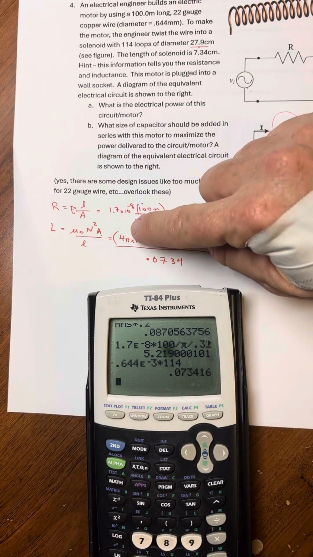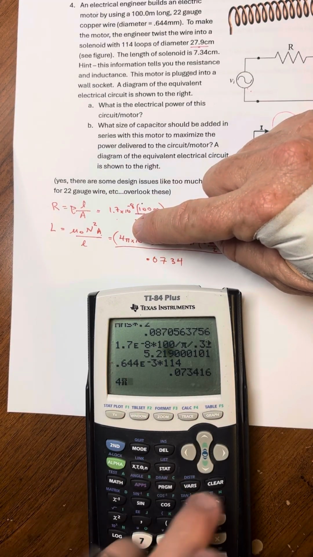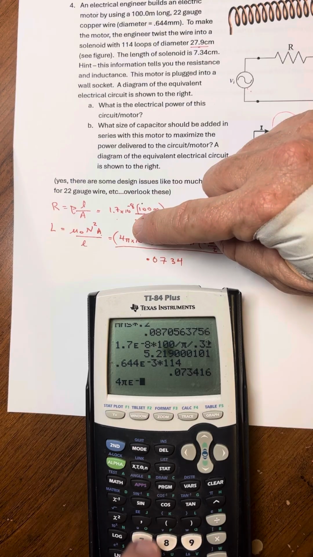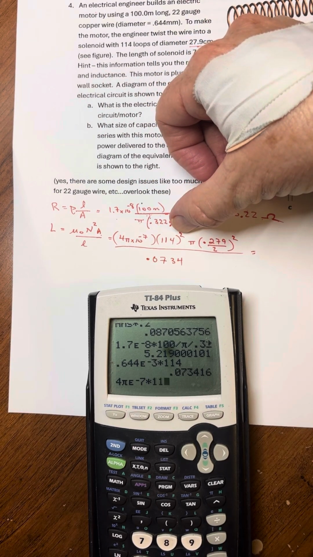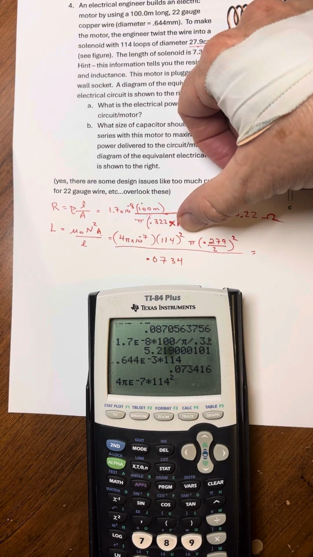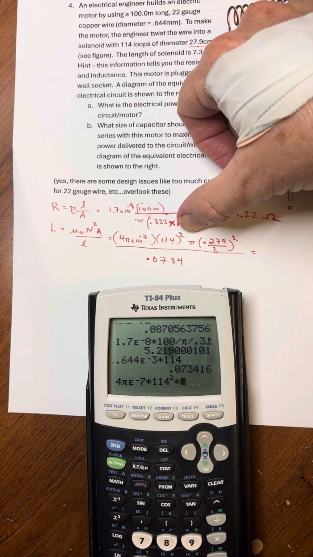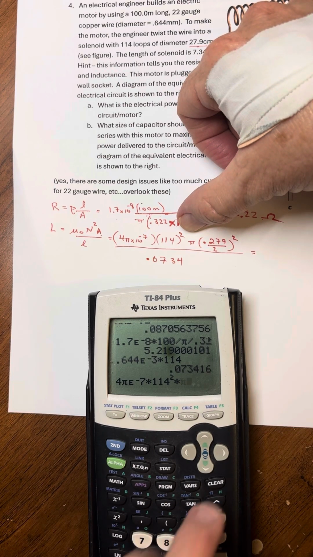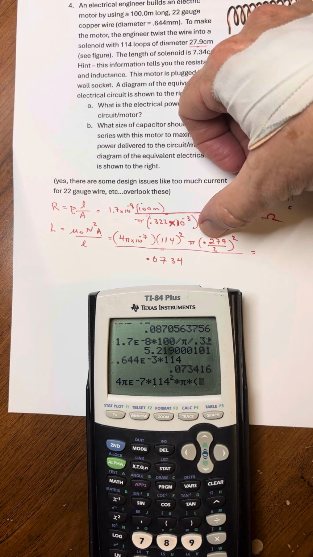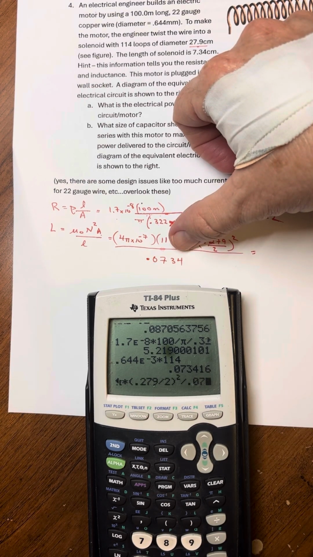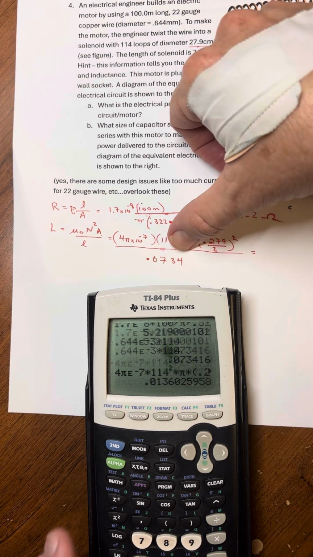So grabbing my calculator, 4 pi 10 to the negative 7 times 114 squared times pi times (0.279 divided by 2) quantity squared, divided by 0.0734.